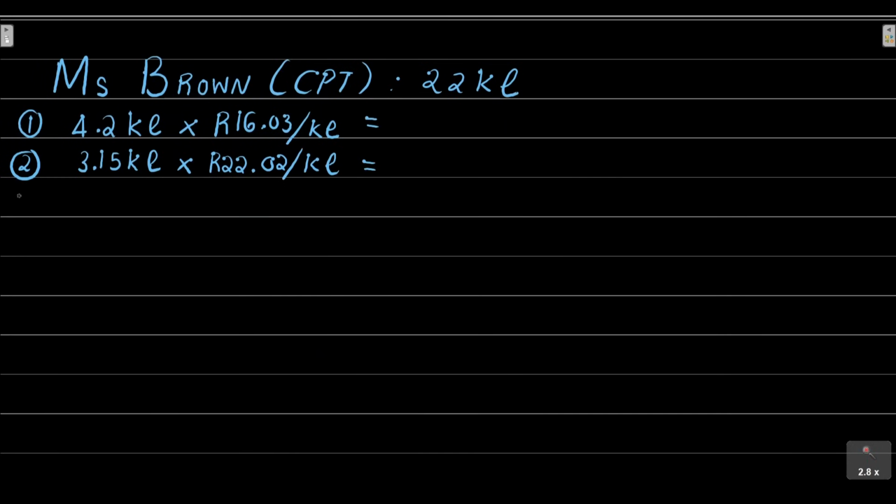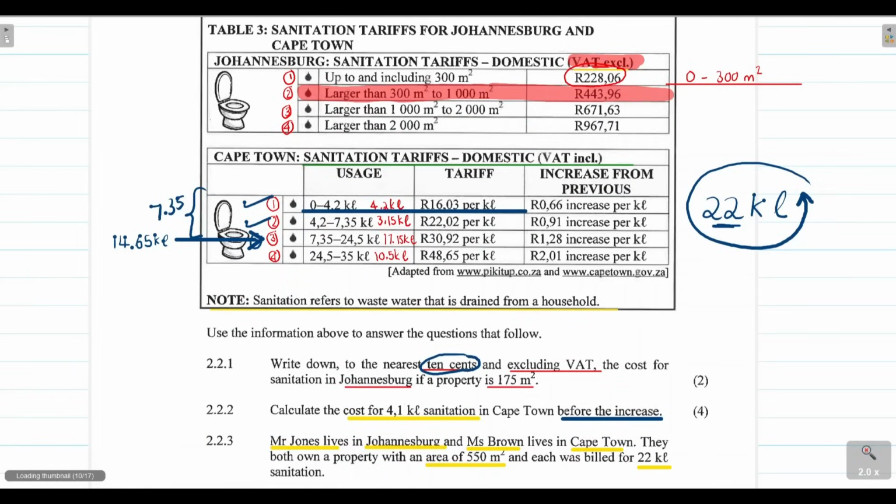In the third block, remember I already asked you, if you add 4.2 plus 3.15, you only get 7.35. You want to get to 22. That is why in this third block, we're not going to use the whole 17.15 kiloliters. We're just going to use 14.65. Why? Because for us to move from 7.35 to 22 kiloliters, we just need 14.65.